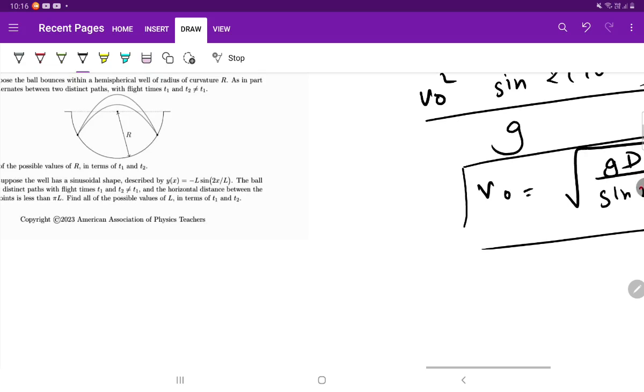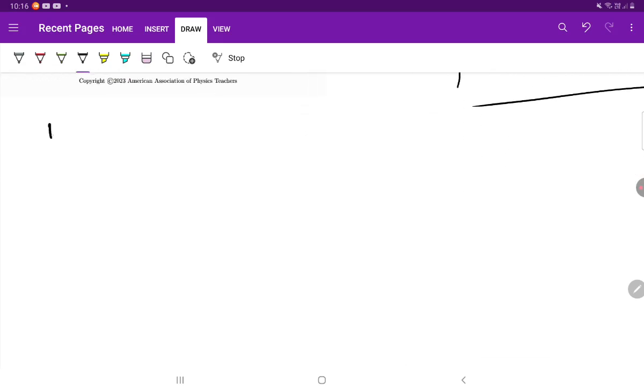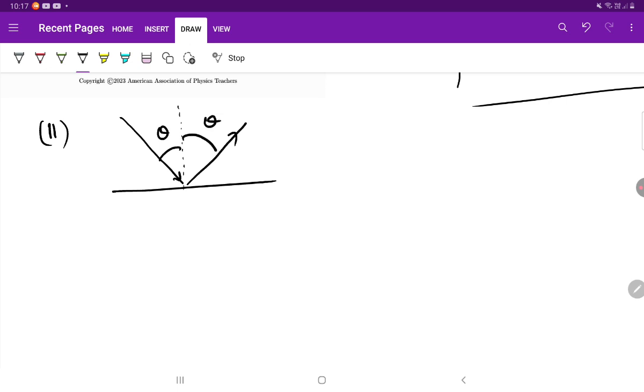What is the key observation in the second part? Suppose we have a ball hitting the incline at an oblique angle. If it's an elastic collision, the angle of reflection and angle of incidence will be the same. Basically, it will deflect by the same angle.